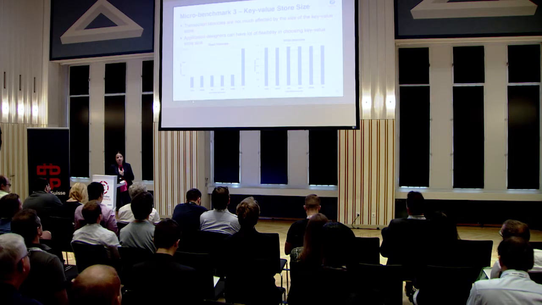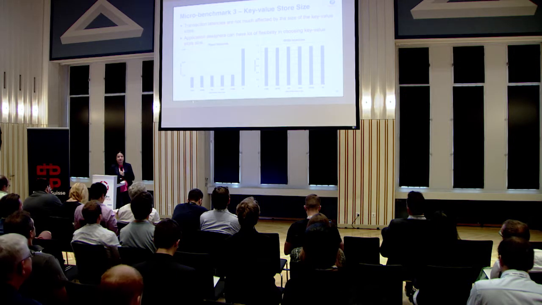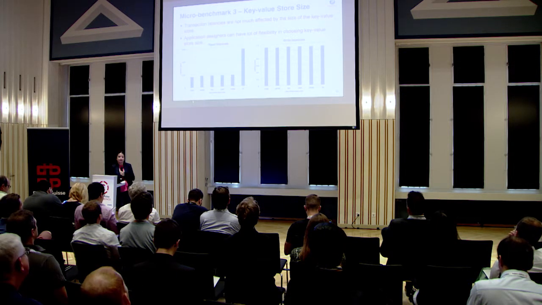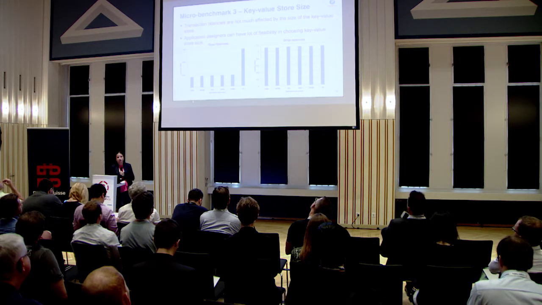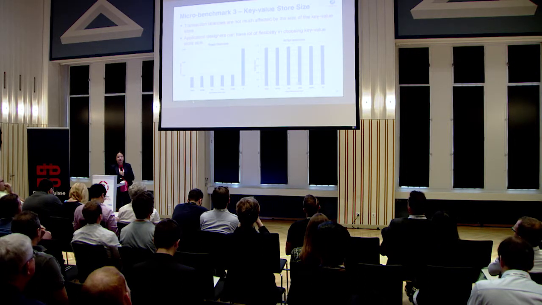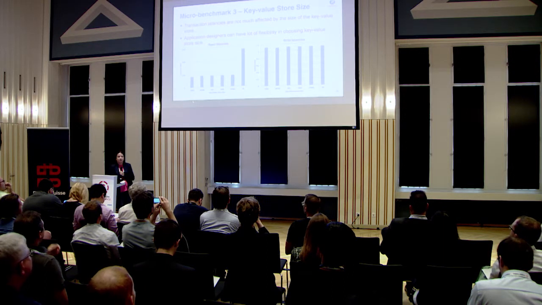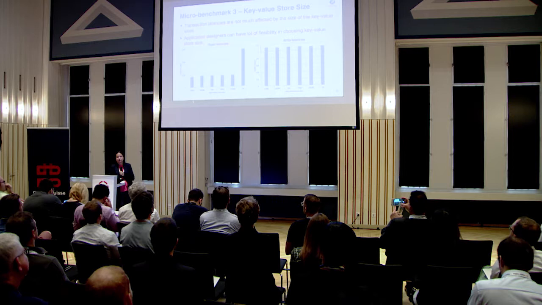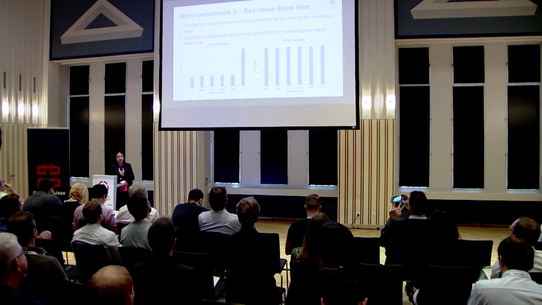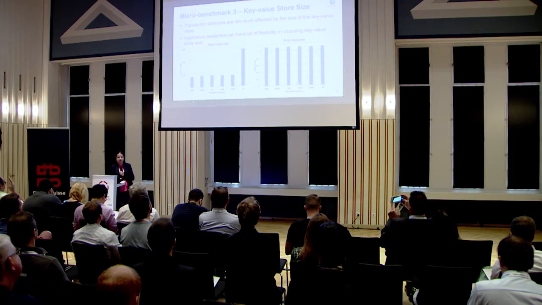With micro benchmark 3, what we wanted to understand is how key value store sizes affect transaction latencies. When you deploy an application, key value stores typically tend to grow in size over time. And what we have here is the read latencies and the write latencies recorded for different size key value stores in the chain code, ranging from 1,000 to 1 billion, okay?